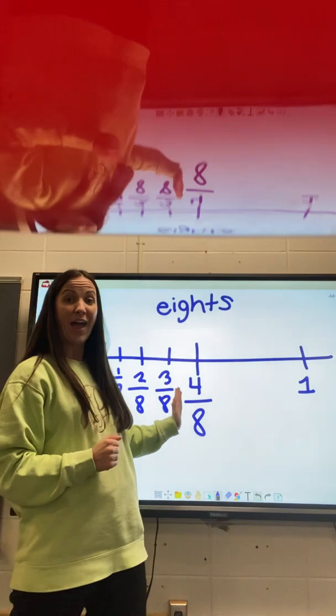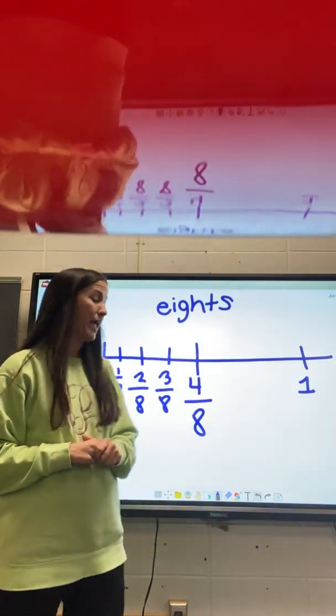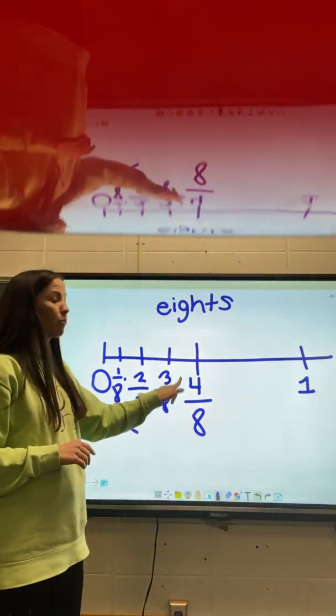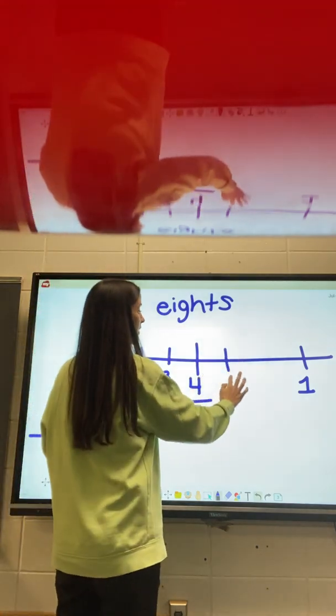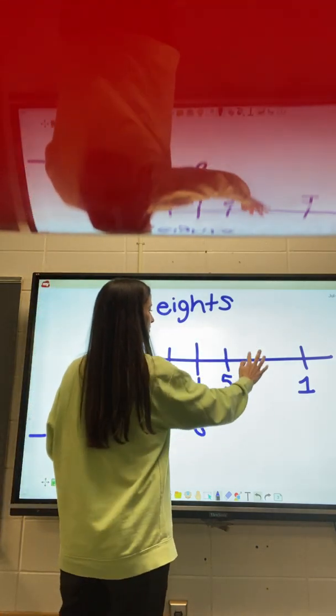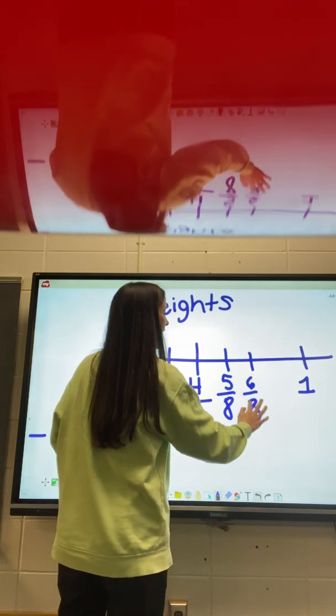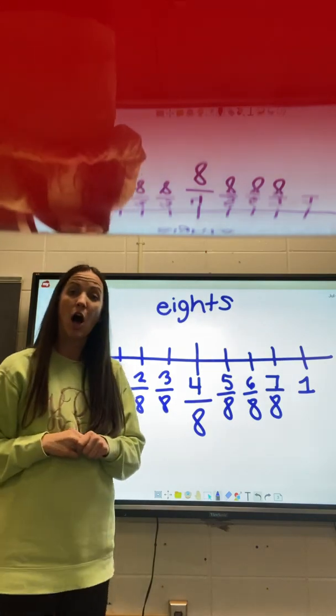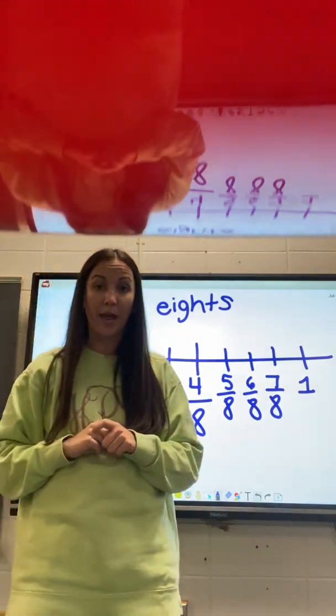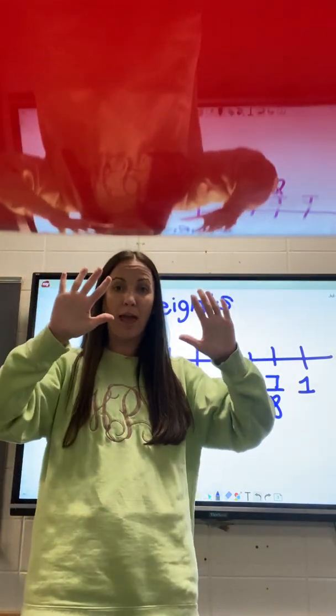There's got to be some fractions past 4 eighths. 1, 2, 3, 4. This is on yesterday's independent work. Then you have 5 eighths, 6 eighths, 7 eighths.